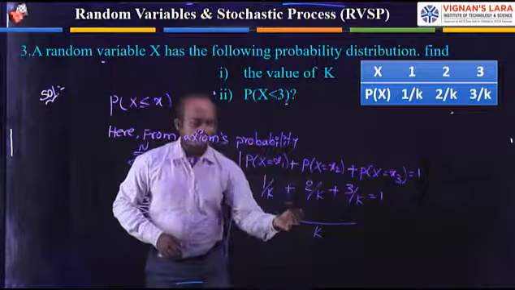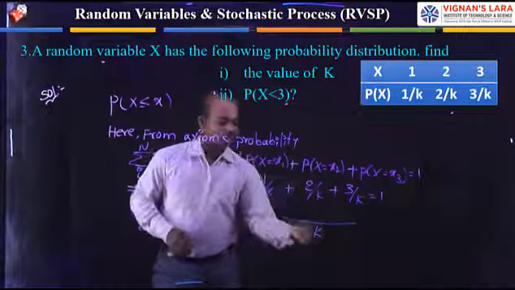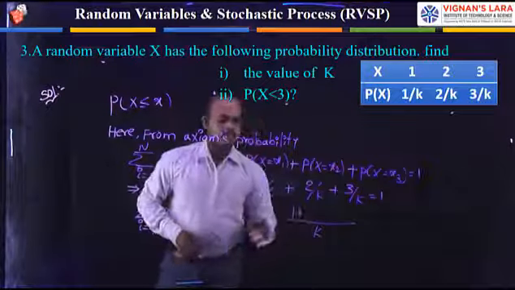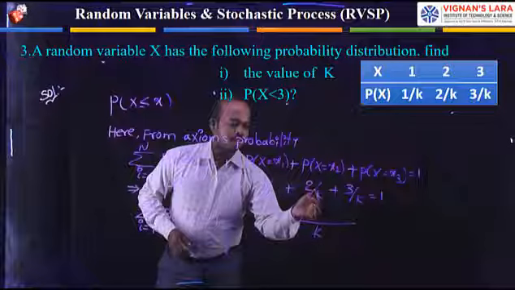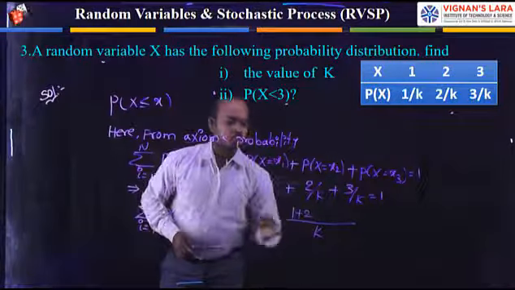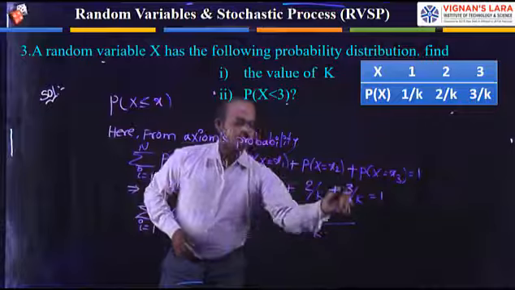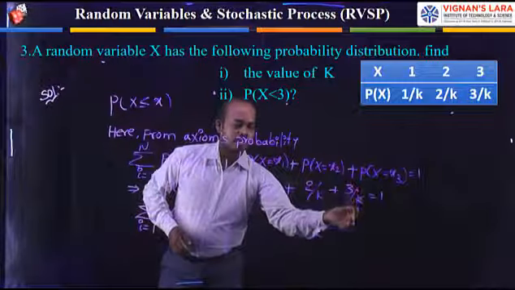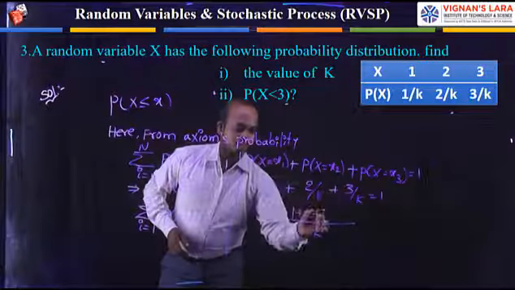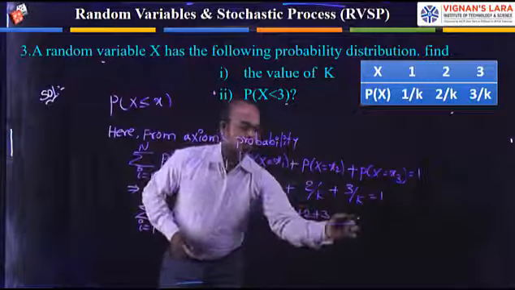How many times does it have k? k is only one time. So I am writing 1 plus, in the second term the denominator is k, so the numerator is 2, plus the third term also has denominator k, so k cancels and I write 3, equal to 1.